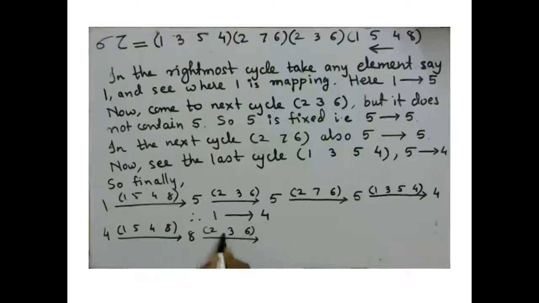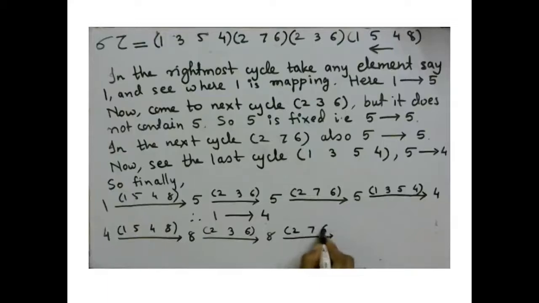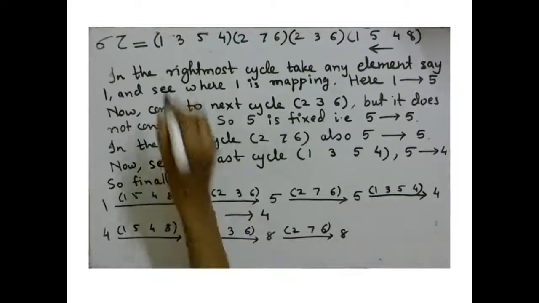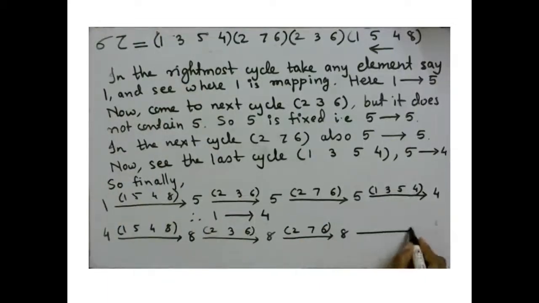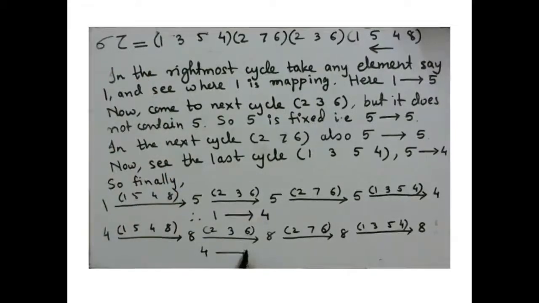You observe that 8 is not there in this cycle, so 8 maps to itself. Similarly, in the cycle (2, 7, 6), 8 is not there, so 8 maps to itself. And finally, in the last cycle also, (1, 3, 5, 4), 8 is not present. So again 8 maps to itself. So what we conclude is that 4 maps to 8 in the permutation sigma tau.